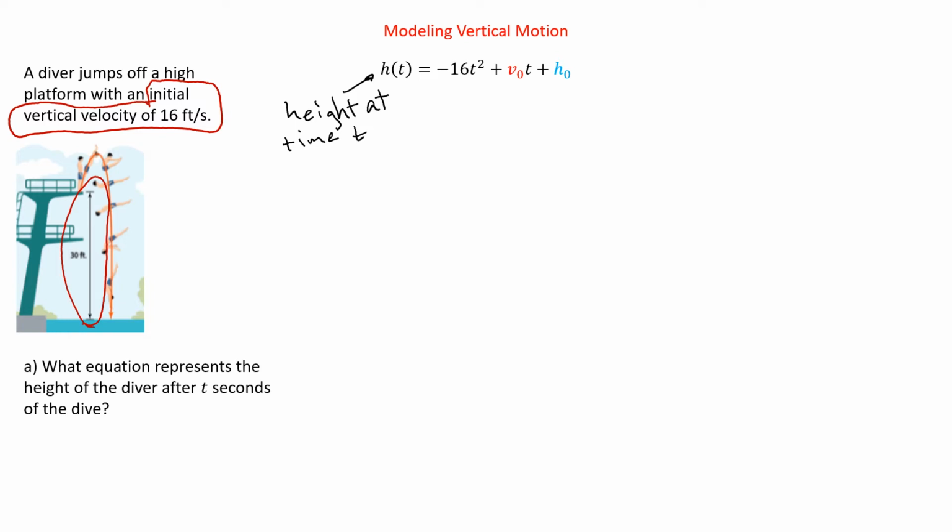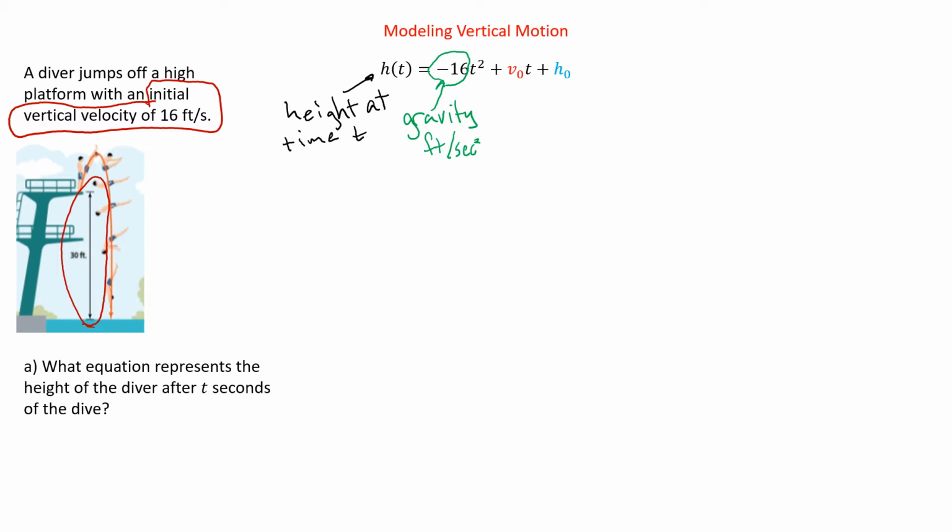The negative 16, this constant that's sitting right here, that's gravity. That's gravity in feet per second squared, would be the units there. Later on, when you're taking physics or something like that, you might have this same equation, but it has negative 9.8.